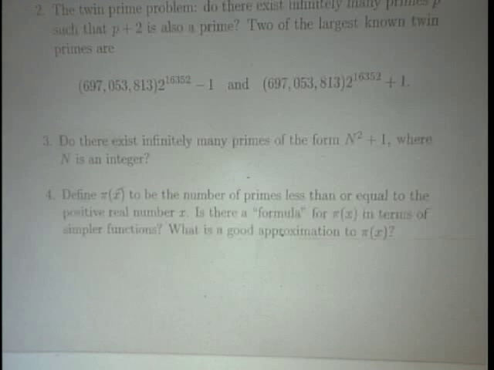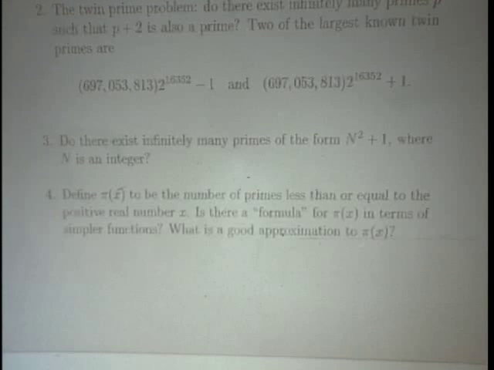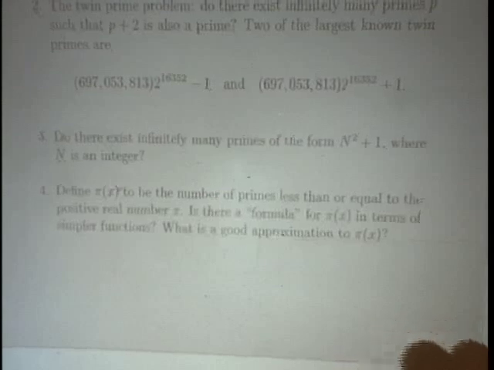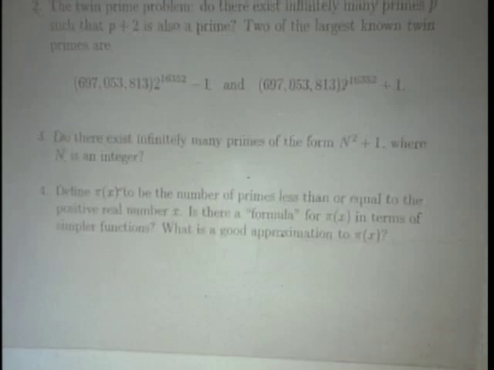So, roughly speaking, the objective here is to try to find some simple, calculus-type functions which give a good approximation to pi of x. But I'm leaving as a little vague what exactly that means. To some extent, you have to let the mathematics that unfolds guide you to how this is actually supposed to be interpreted.